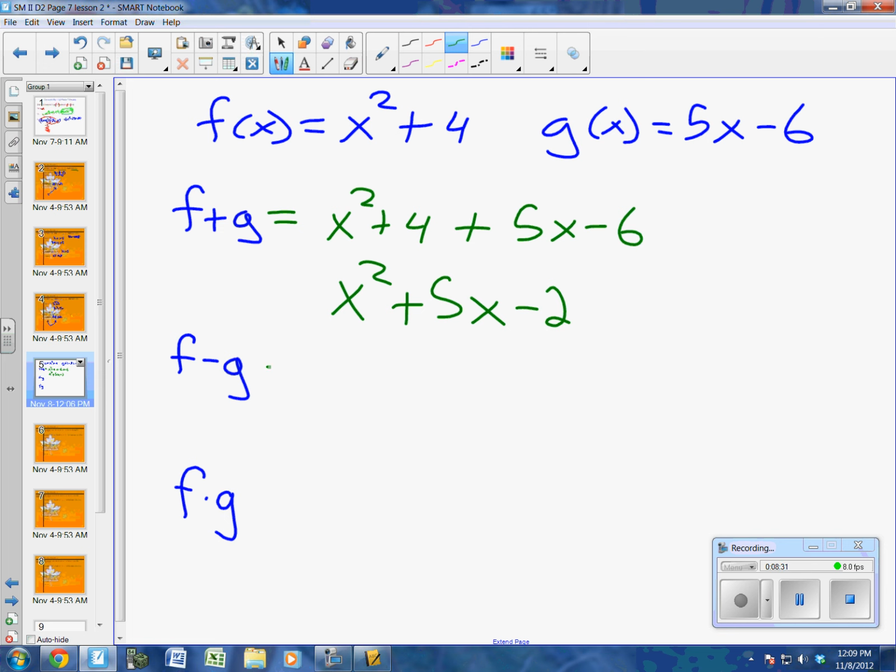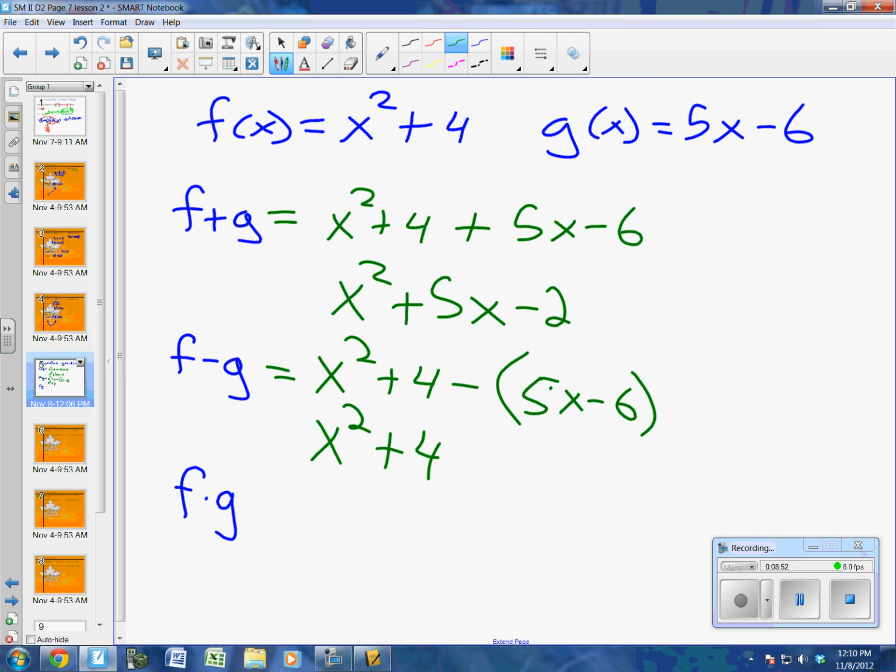Next one. X squared plus 4, subtract, parentheses, 5x minus 6. Remember, I have to use parentheses when I subtract so that I subtract both terms, the 5x and the negative 6. Think of that minus sign as distributing a negative 1 through there, so that's going to be minus 5x plus 6.